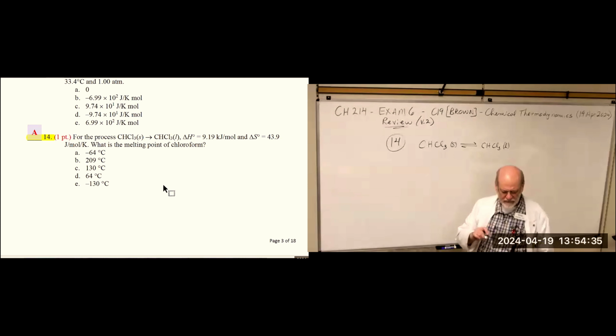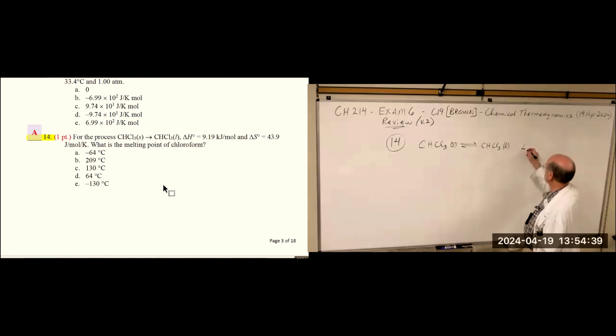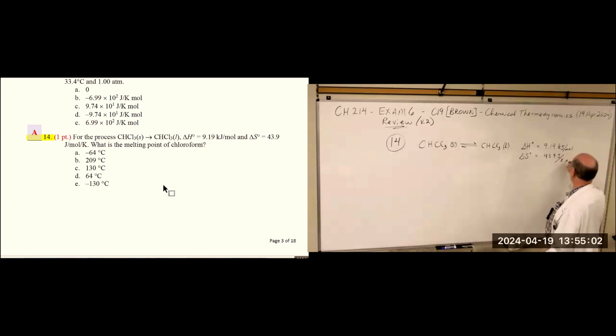All right. We're told that the delta H is 9.19 kilojoules per mole under standard conditions. And we're also told that the delta S, 0, is equal to 43.9 joules per K mole.